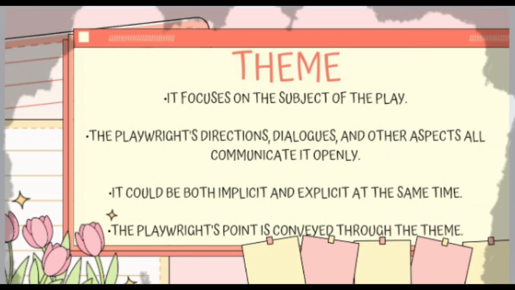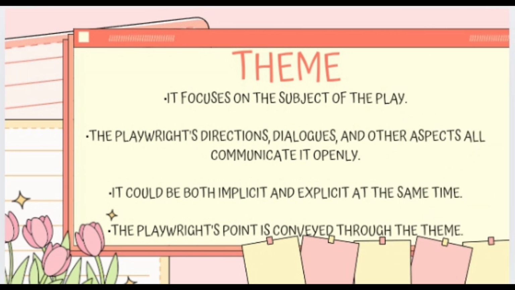Okay, so the next is theme. Theme focuses on the subject of the play. The playwright's directions, dialogues, and other aspects of communication often lead to it. It could be both implicit and explicit at the same time, and the playwright's point is conveyed through theme.